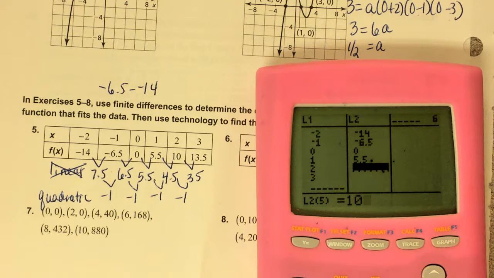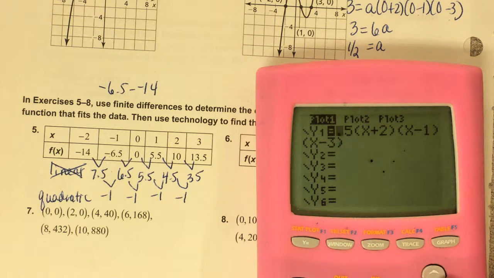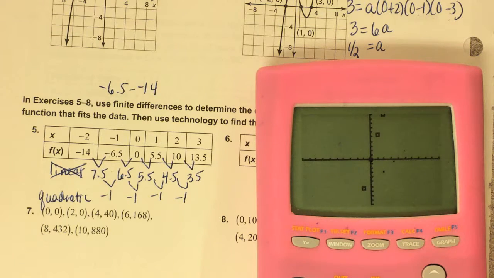If we want to see our points, we can see them by turning on our stat plots. To turn on our stat plots, we go to y equals, and we just make sure that the top right there, plot 1, is turned on by pushing enter. It needs to be highlighted. I'm going to clear out this old equation, and I'm going to hit graph.